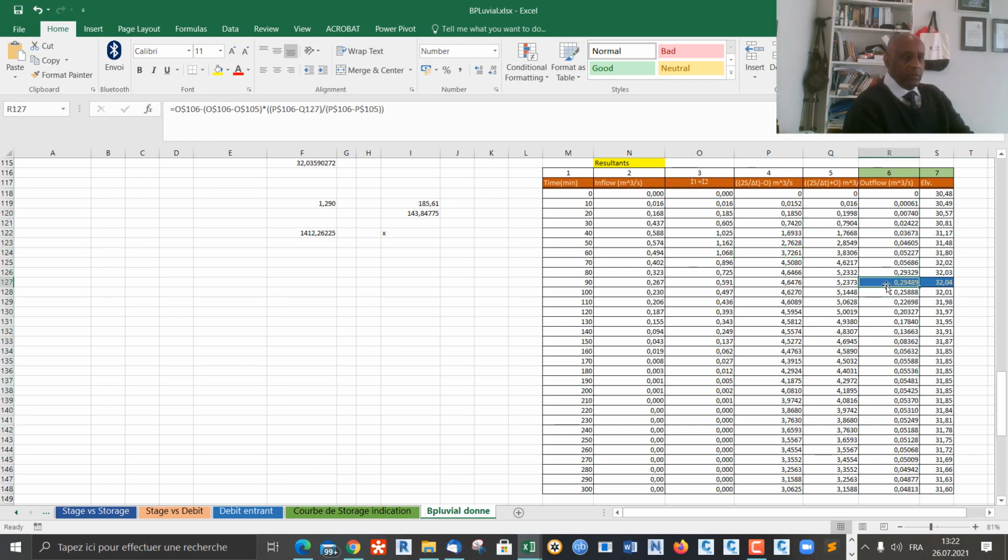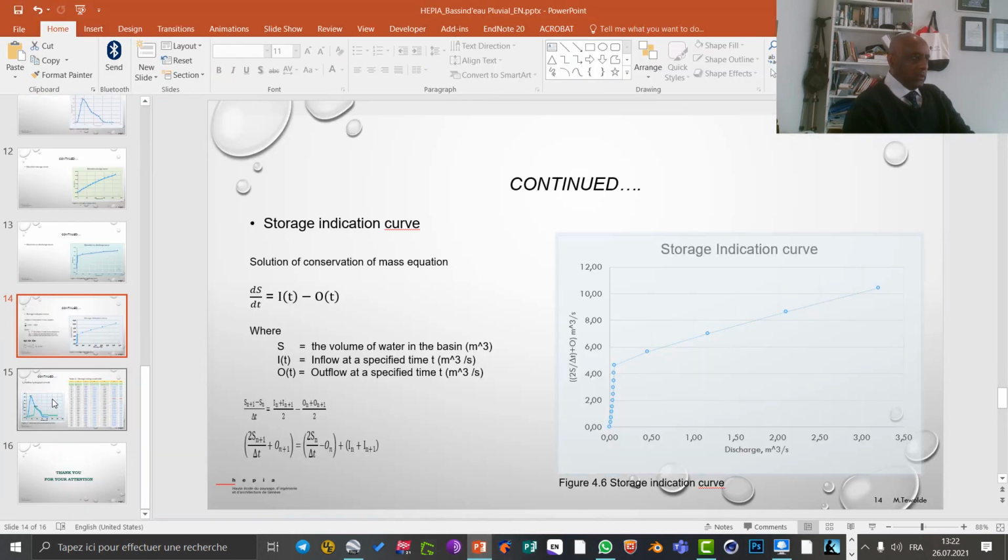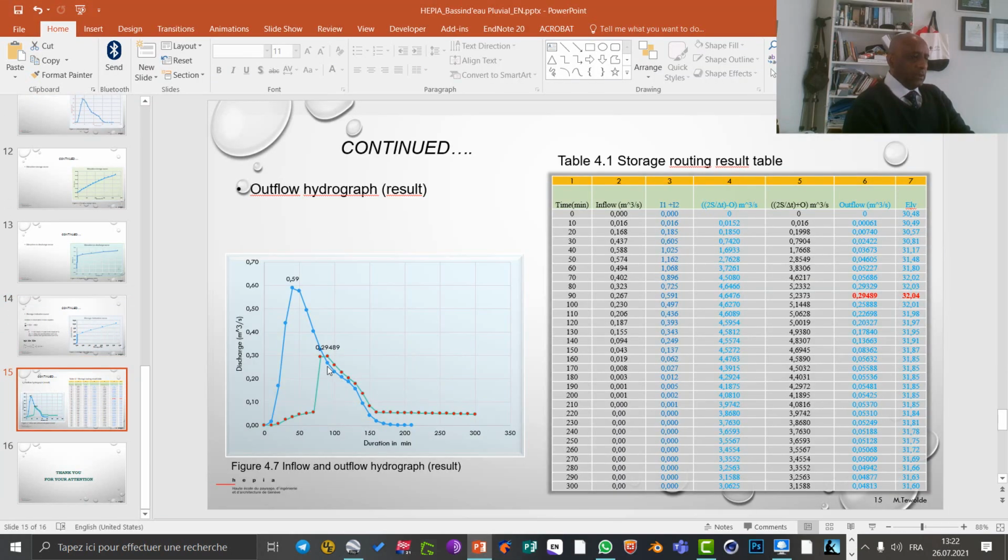And this one will be the maximum discharge at this elevation, and the time is 90. For example, you can go and see the result. This is the result. This is the timing, for example 90, maximum discharge.